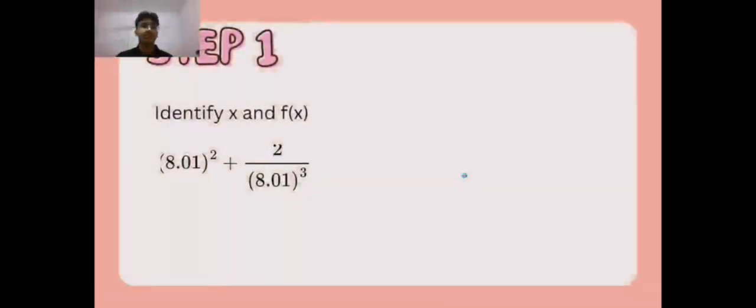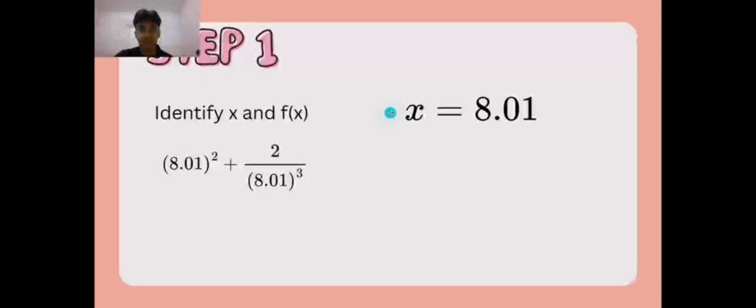So step 1, we will identify x and f(x). We can conclude that x is equal to 8.01 and f(x) is equal to x squared plus 2 over x to the power of 3. Step 2, we will identify x naught and find f(x naught).